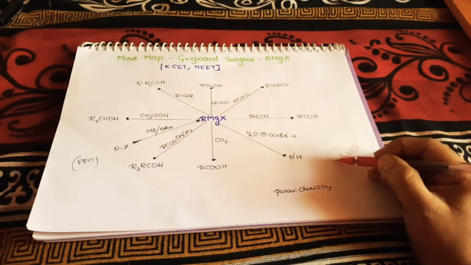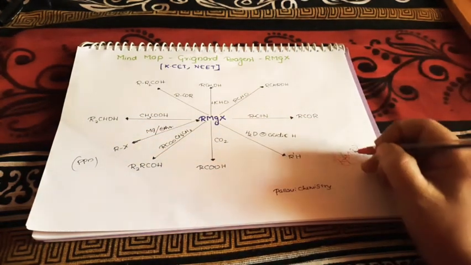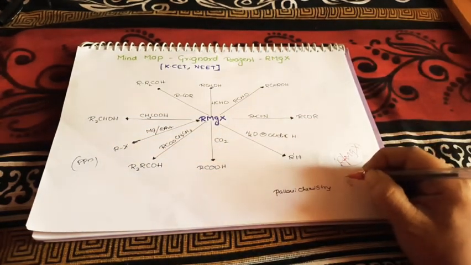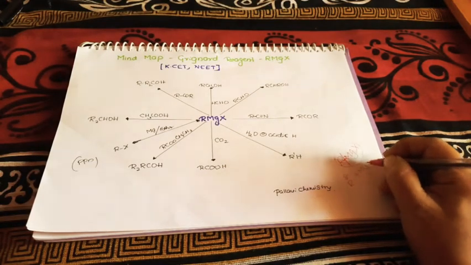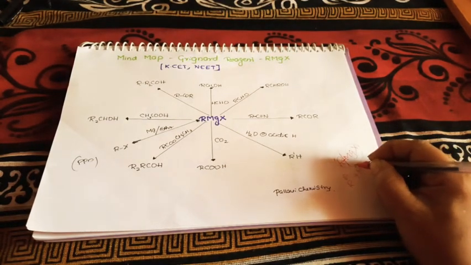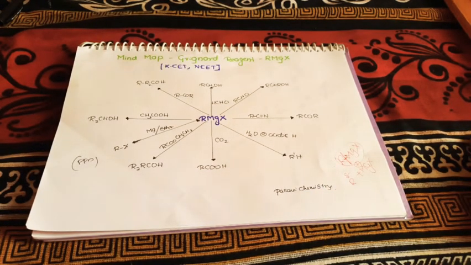Whenever this Grignard reagent is treated with any other reagent, the bond will break as R with a negative charge and MgX, magnesium halide, with a positive charge. This is one of the different cases you could observe. Usually we think carbon will be electropositive and should get a positive charge.